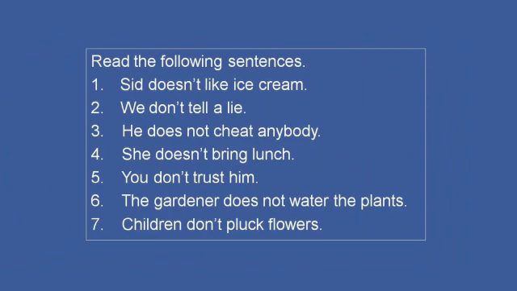Sid doesn't like ice cream. We don't tell a lie. He does not cheat anybody. She doesn't bring lunch. You don't trust him. The gardener does not water the plants. Children don't pluck flowers.